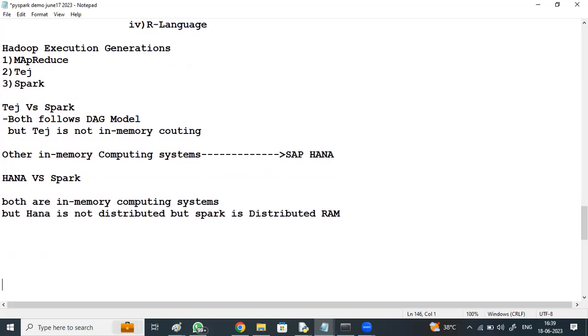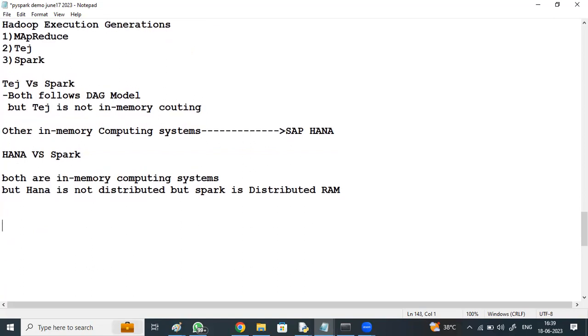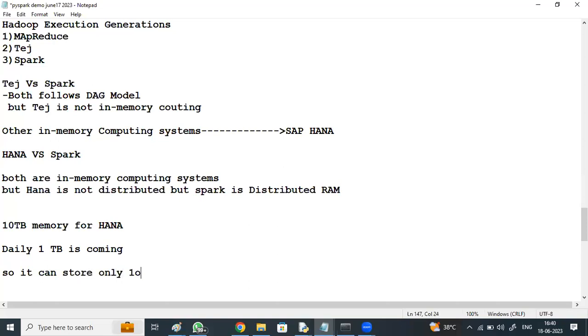For example, if 10 TB memory is allocated for HANA, and daily 1 TB data is coming, it can store only 10 days of data.